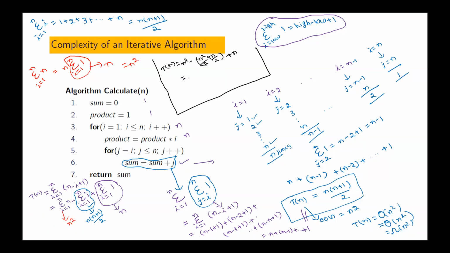Anyhow you can simplify: n square minus n square by 2 gives n square by 2, and minus n by 2 plus n gives n by 2. Taking n by 2 common, we can write n plus 1, which is nothing but n into n plus 1 by 2. That's what we got now.